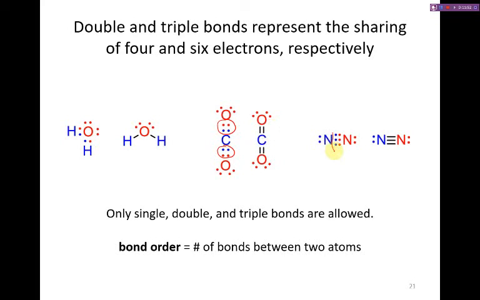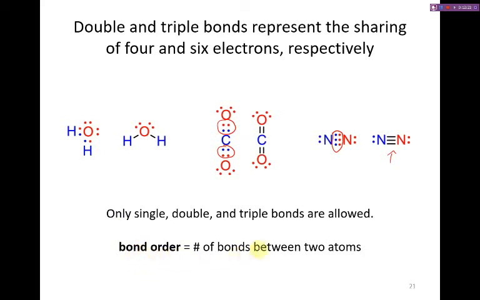A triple bond is when we have 3 sets of electrons that are shared between 2 atoms. And we represent that with 3 lines. We only ever see single, double, and triple bonds. Now, there are some elements that are going to form quadruple bonds, but that's well beyond the scope of Chem 110.